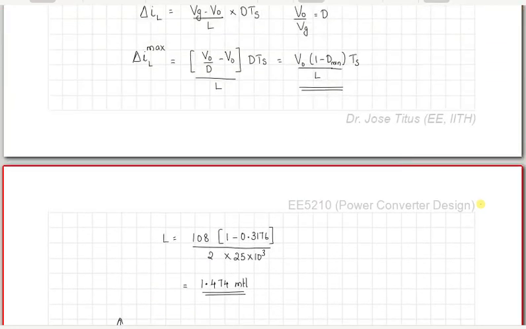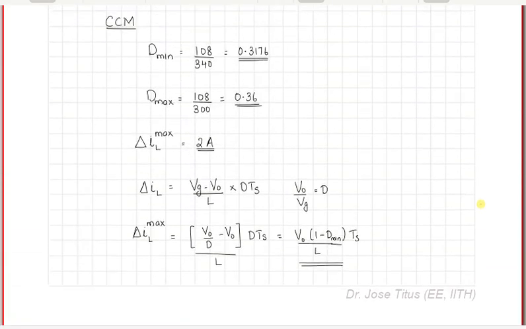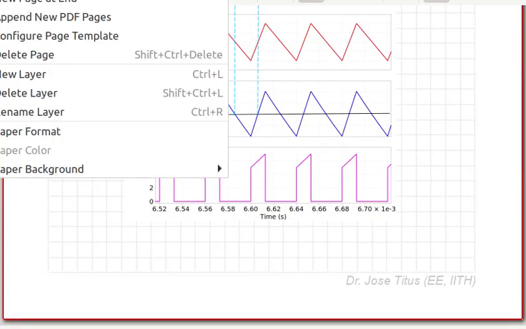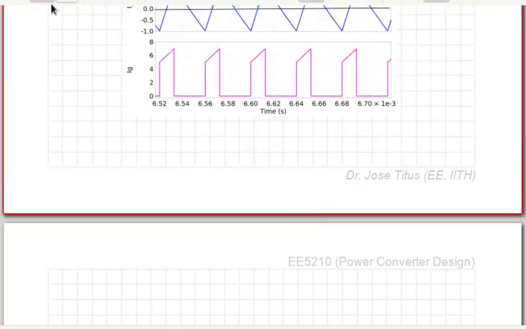And before going ahead with the next topics, let us also look at how one can design this converter in the DCM mode of operation, since the CCM we have done.